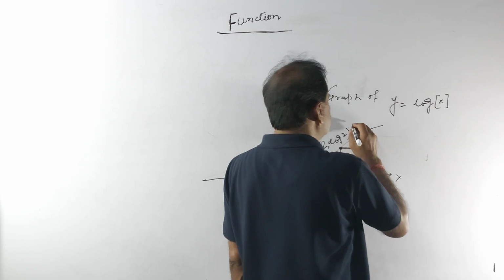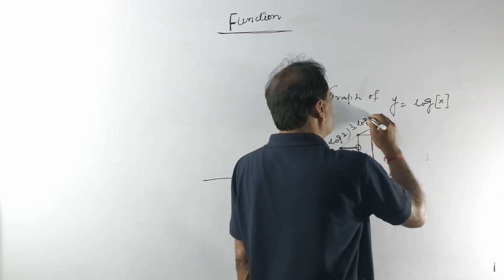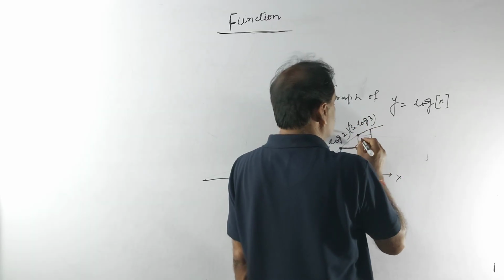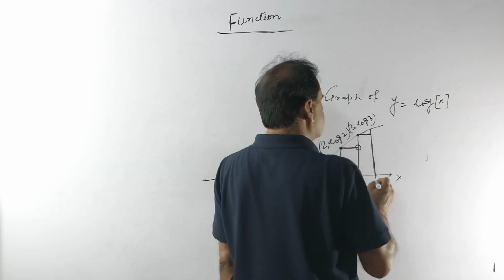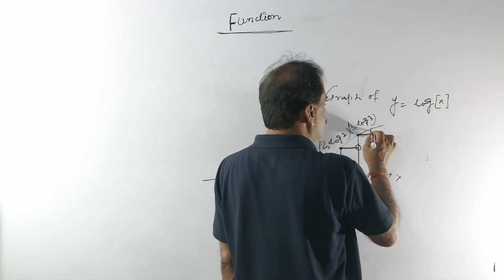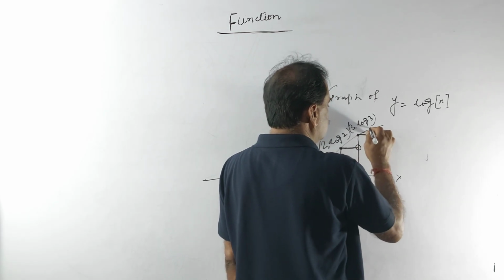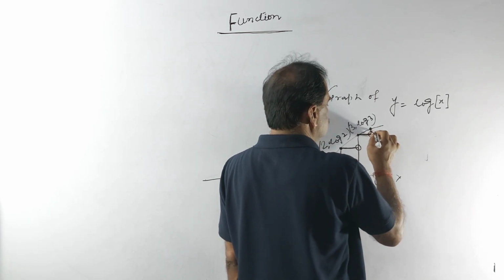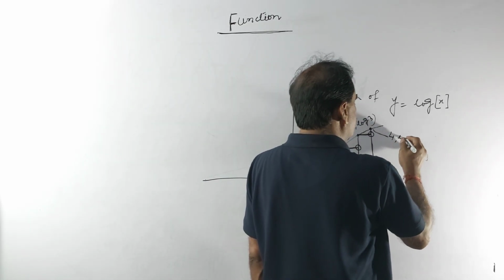This point is (3, log 3), and from this point to this point, at x equal to 4, y is not equal to log 3. So this point is excluded and this point is included. This point is x equal to 4, y equal to log 4.